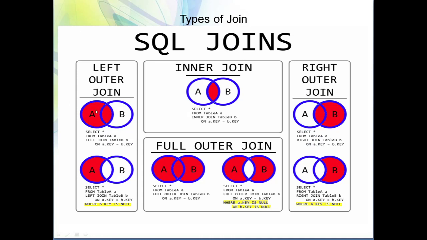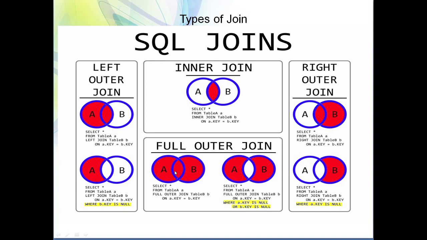Here you can observe that a left outer join returns data which is common in both tables, that means data which satisfies the condition, plus data which is only present in table A, which does not satisfy the condition. So this is a left outer join. Similarly we have right outer join. From this diagram, it returns data which is common in both tables plus data which is only present in the right-hand side table. So this is a right outer join.